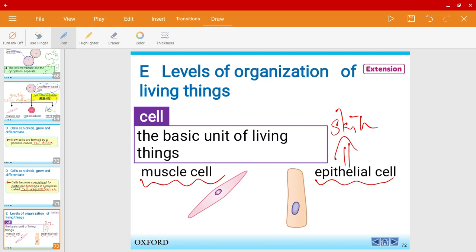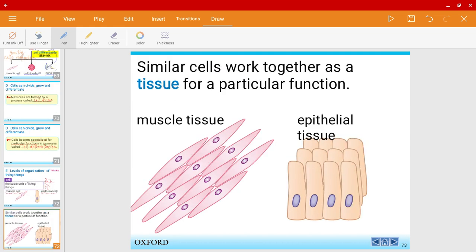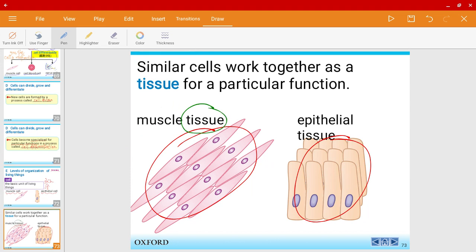What happens? These cells work together, for example, you have a bunch of muscle cells over here, or you have a bunch of epithelial cells. When you have a bunch of them, we could call them tissue. So you have muscle tissue over here, and you have epithelial tissue over here.